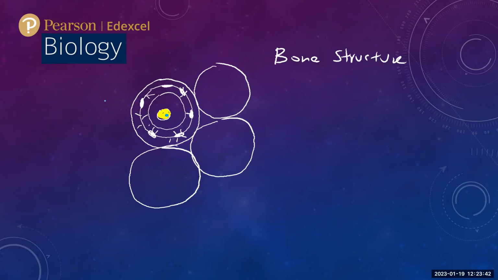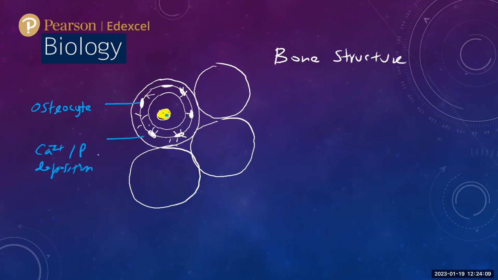And these cells are called osteocytes. This area is made out of calcium and phosphorus depositions.